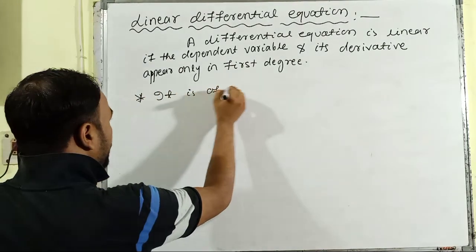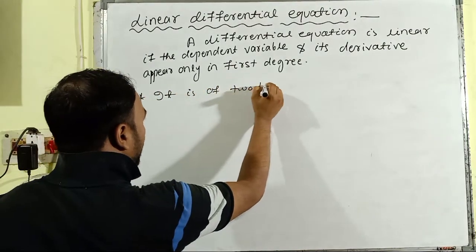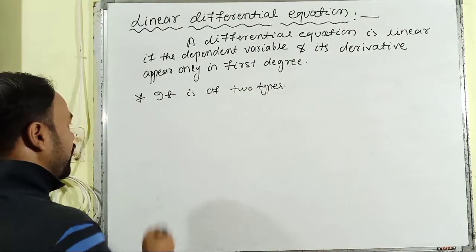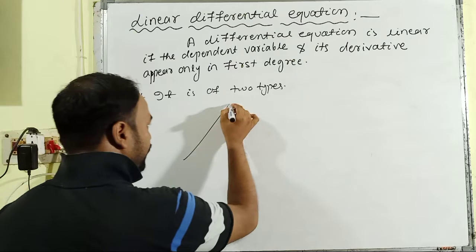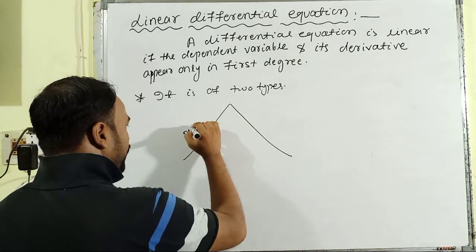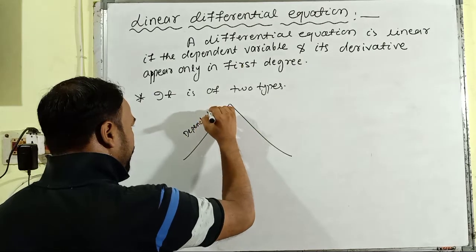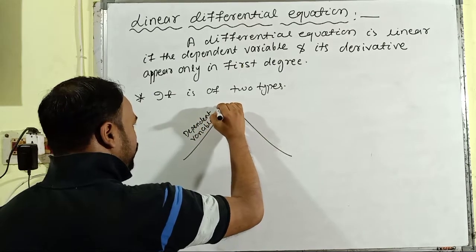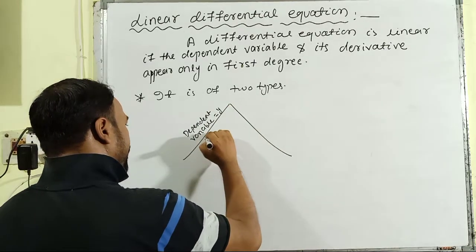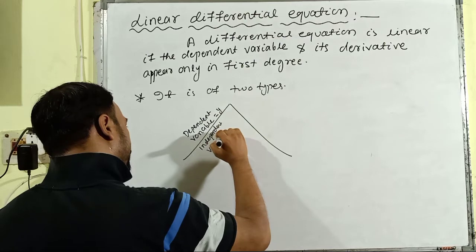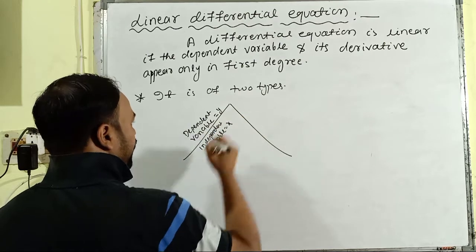It has two forms. The first one: here the dependent variable is y, and the independent variable is x.